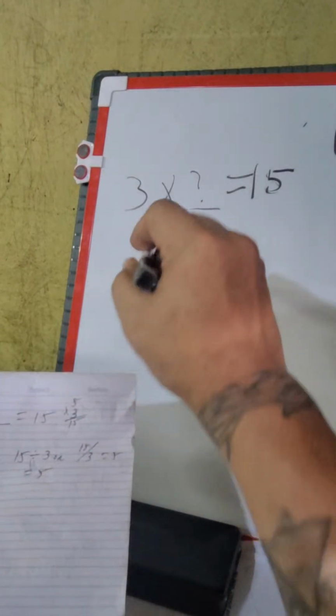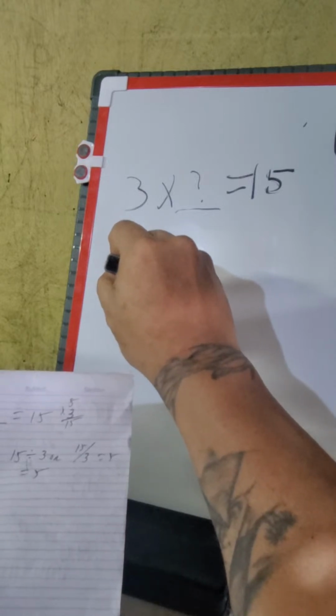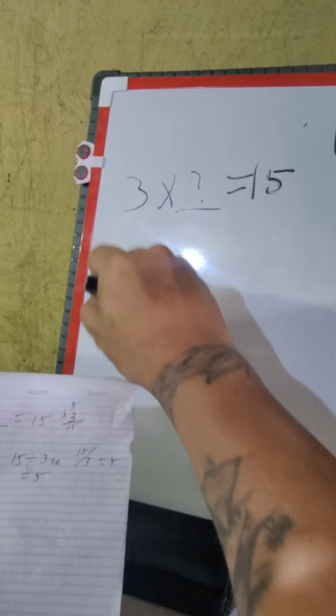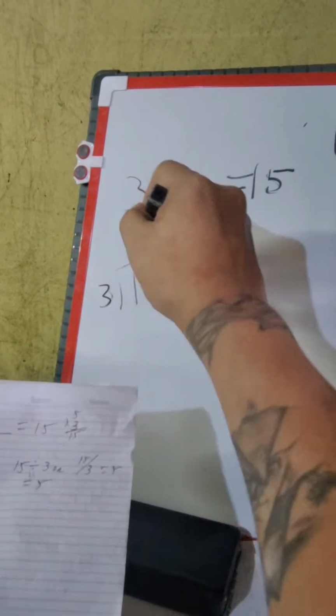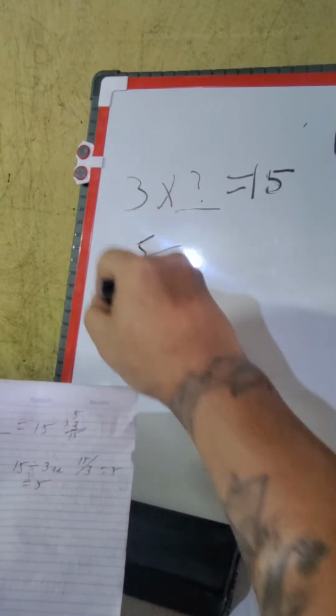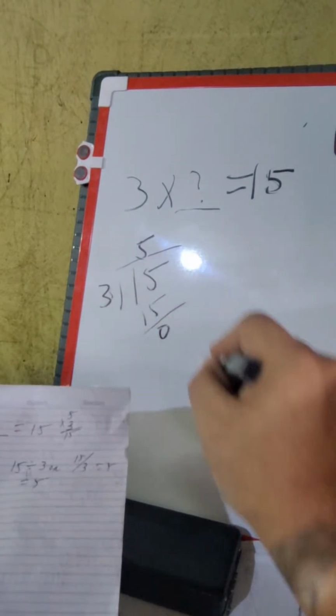So I will go like this. 15 divided by 3 equals 5. 5 times 3 equals 15. That gives me 0, right?